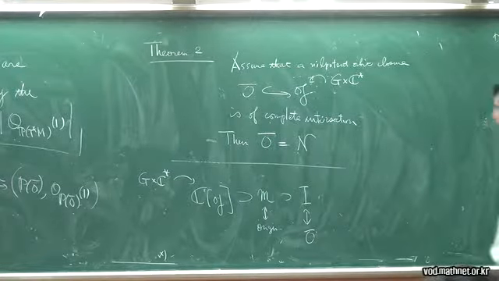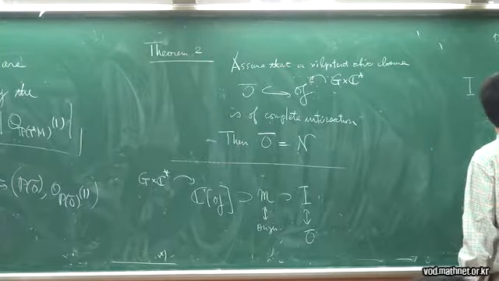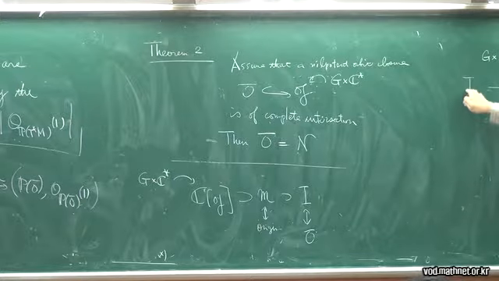So we have the following map, I to I over M I. This is of course a surjection, and this is a G times C star representation, and I mod MI is also a G times C star representation.